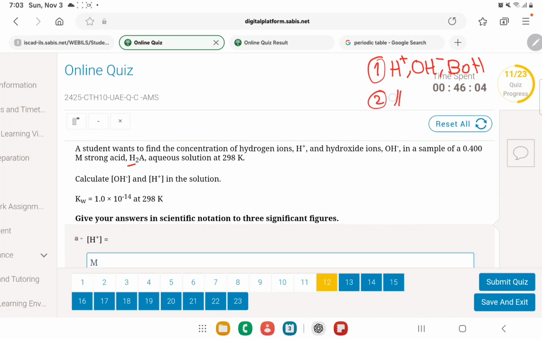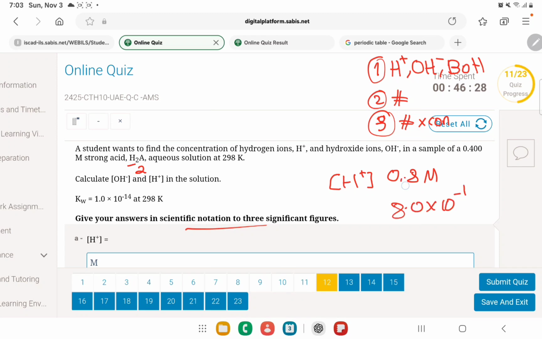Second step, find the number. Here we have 2. And then third step would multiply the number by the concentration. So 2 times 0.4, we get 0.8 molarity, and that would be the concentration of H plus. Okay? So here they want scientific notation. 8.0 times 10 to the power of negative 1.